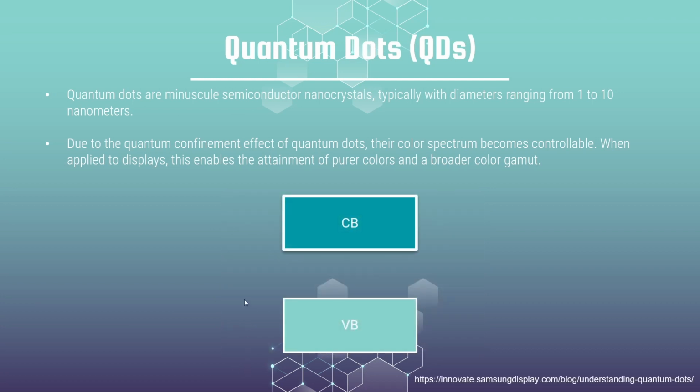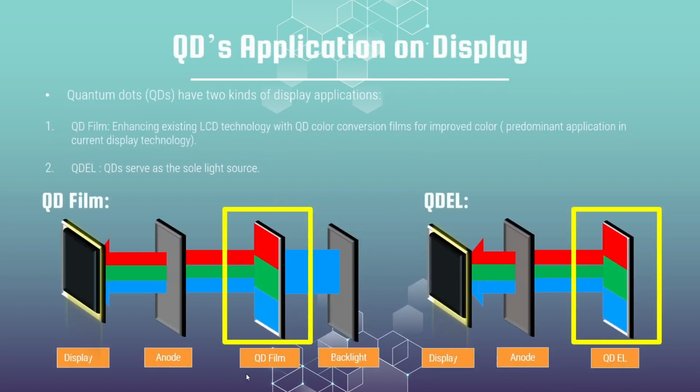And due to this characteristic, by using specific bandgap of quantum dots and applying light energy to excite electrons to the conduction band, the recombination of electrons and holes will release lights of the desired color. And there are two main applications of quantum dots in display.